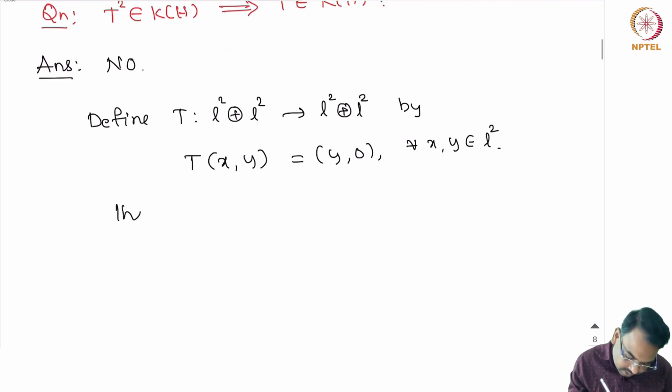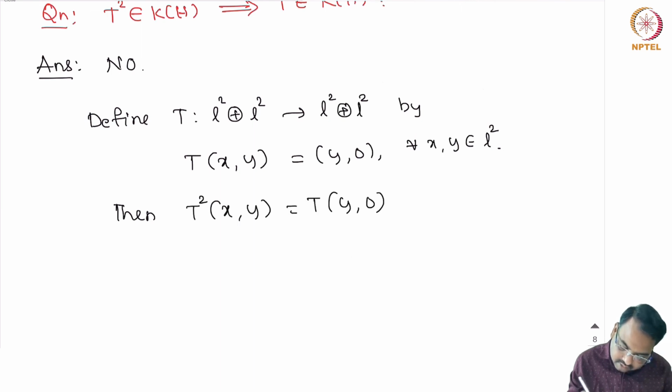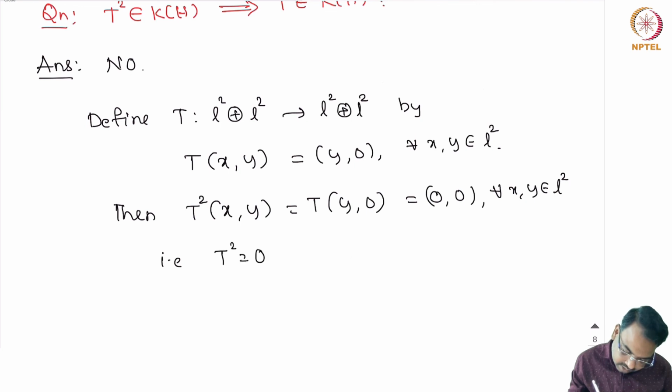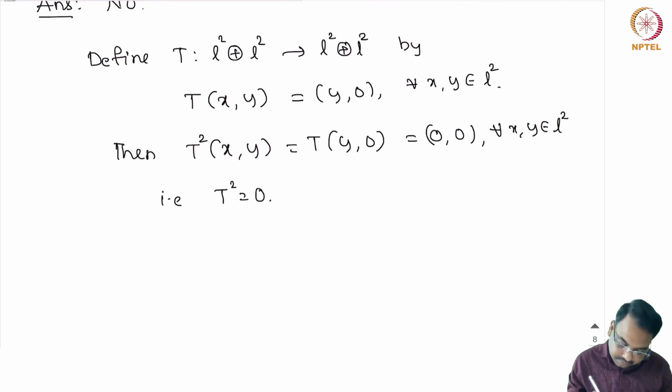Then we can show that T square of (x, y), that is T of (y, 0), is (0, 0). So that means T square is the zero operator, which is compact. But T is not compact.